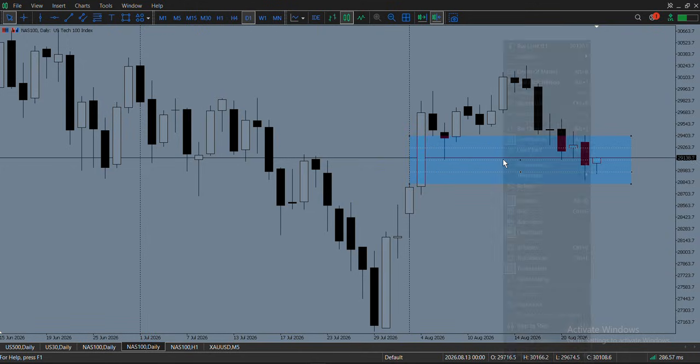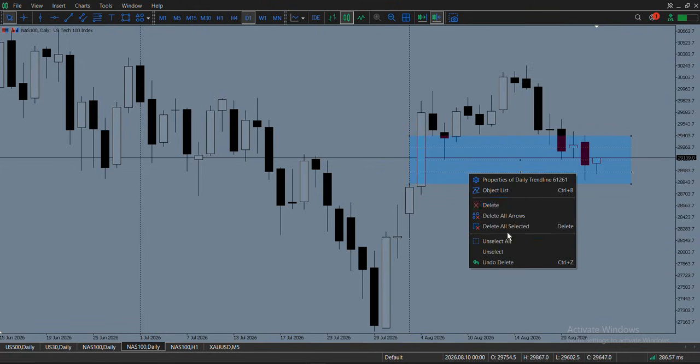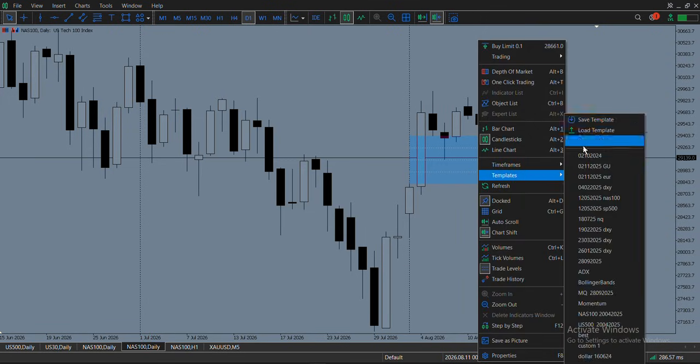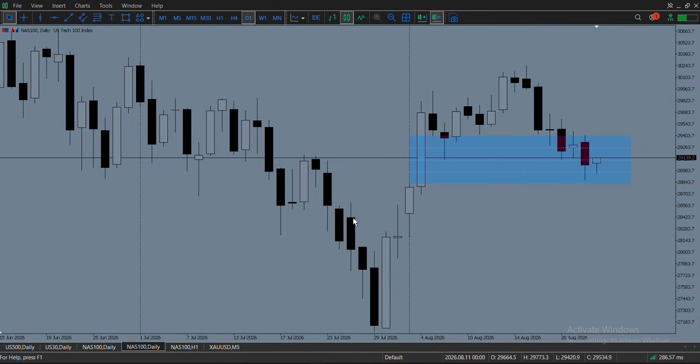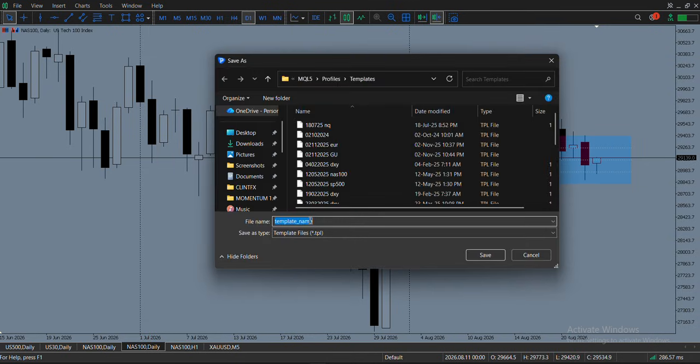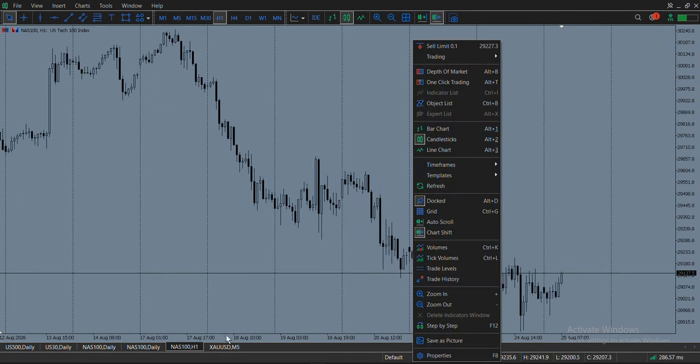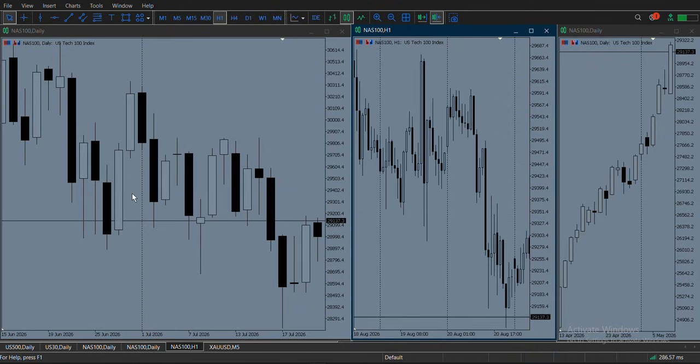So anyway, with that out of the way, what I wanted to do is to save this template, save it as today is 25th, 826 NQ, and then input this on other charts.